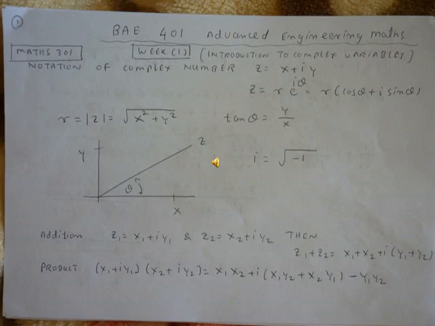And we can also make this multiplication, so the product of x1 plus iy1 multiplied with x2 plus iy2. The answer can be x1 x2 plus i(x1 y2 plus x2 y1). So this is for the addition and the product of the complex number.